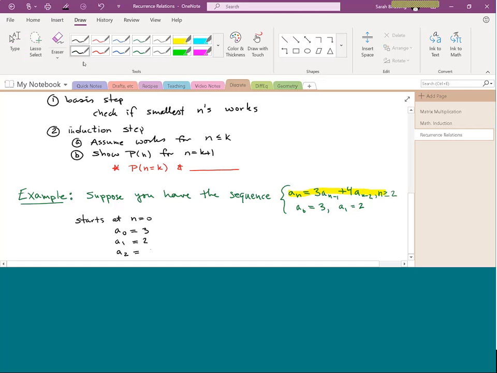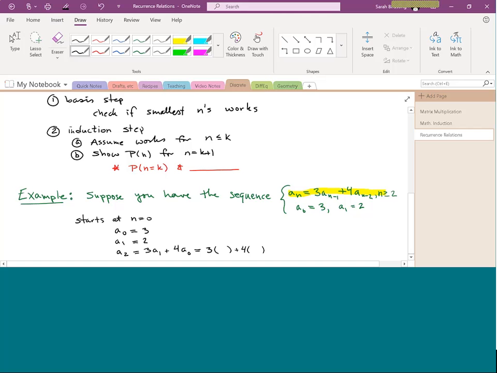So we'll have 3 times A with subscript n minus 1. Well, if n is 2, 2 minus 1 is 1. And then plus 4 times A with subscript n minus 2. Well, n is 2, so 2 minus 2 is 0. Notice what this tells you: we're going to plug in the previous two terms of the sequence.